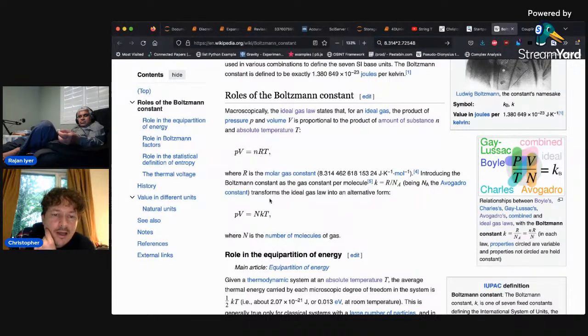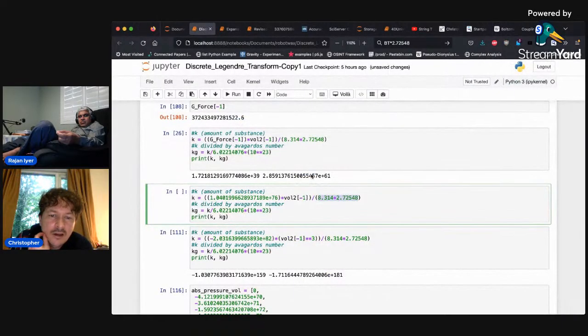It's divided by, this number is the Boltzmann constant. So the Boltzmann constant times, or is the mole gas constant, sorry, and the temperature. The temperature is what we're looking for. N is the amount of substance. My calculation for the amount of substance back then in the universe was this value.